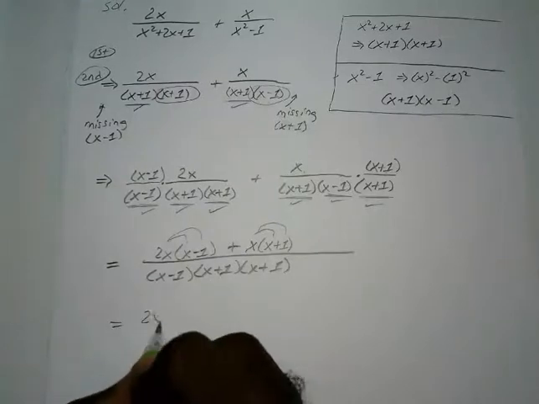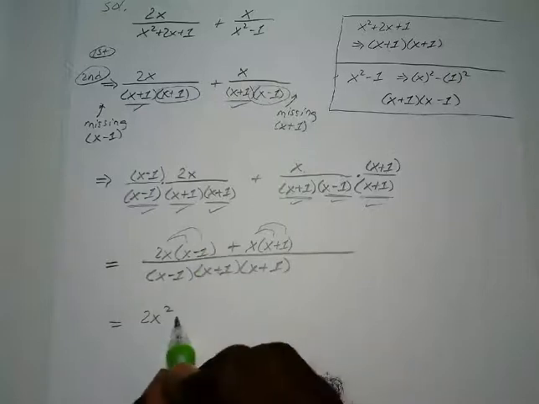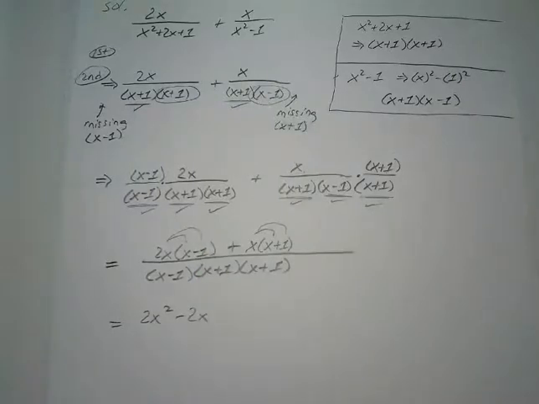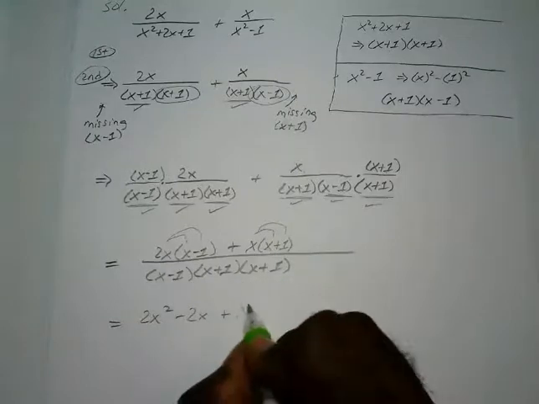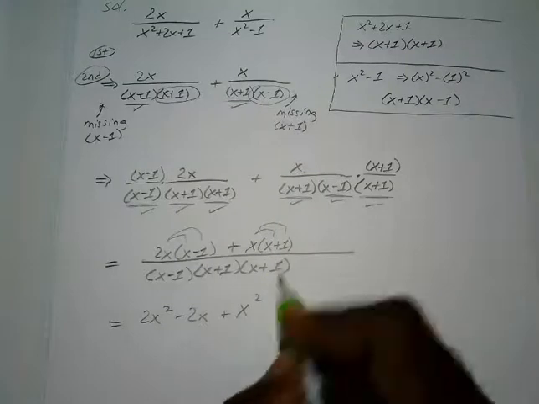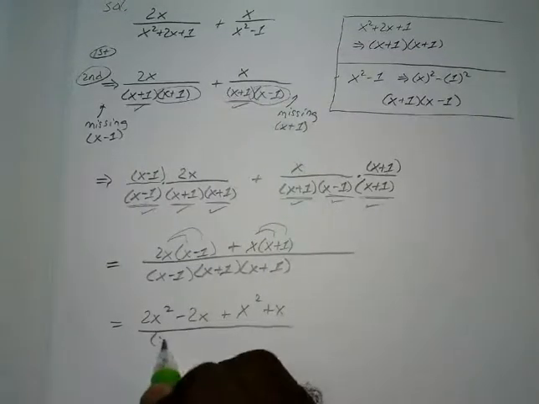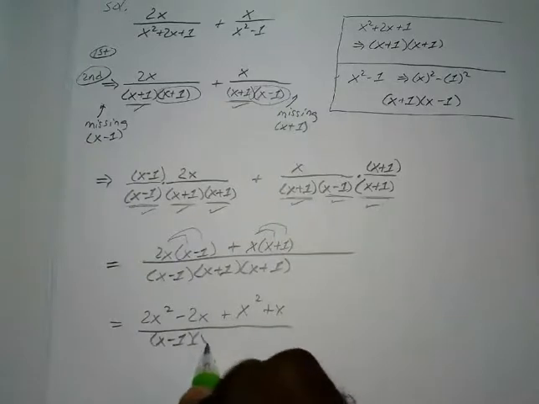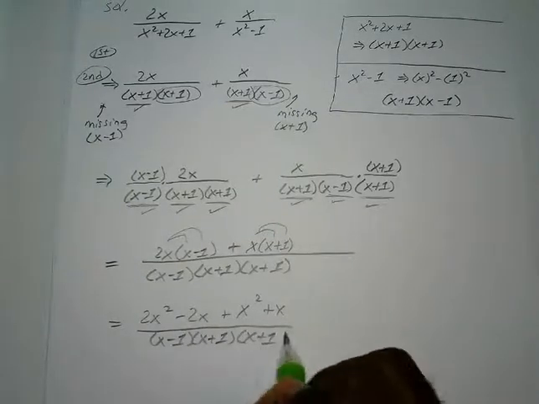So we have 2x squared. 2x times negative 1 is negative 2x. Plus x times x is x squared. X times 1 is x, so that's plus x, all over x minus 1, x plus 1, x plus 1.